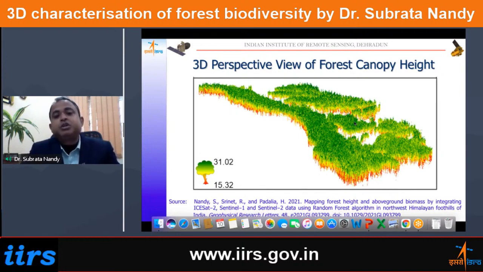Of course, the target species has to be studied properly. If the species is dependent on the structure of the forest, this kind of input will play a very important role. Moreover, whatever this product is prepared is from free data sets of ICESat-2 and Sentinel-1, and of course using a free platform like Google Earth Engine.